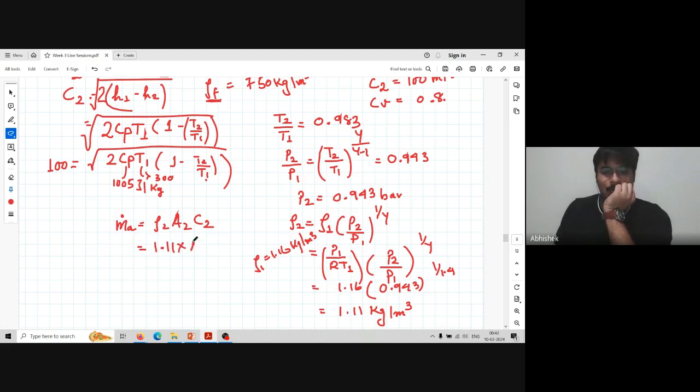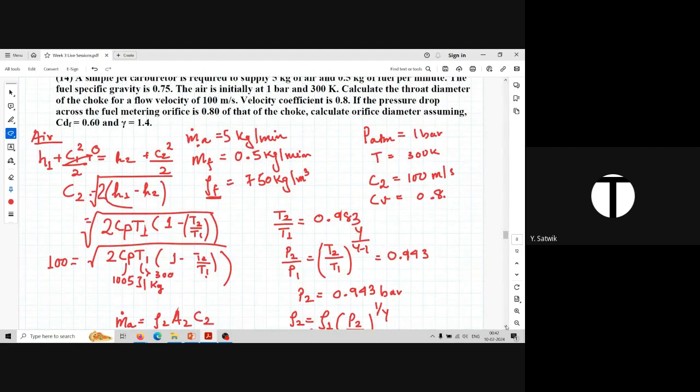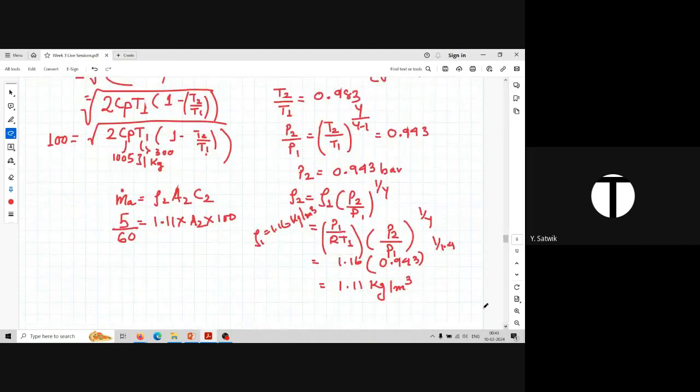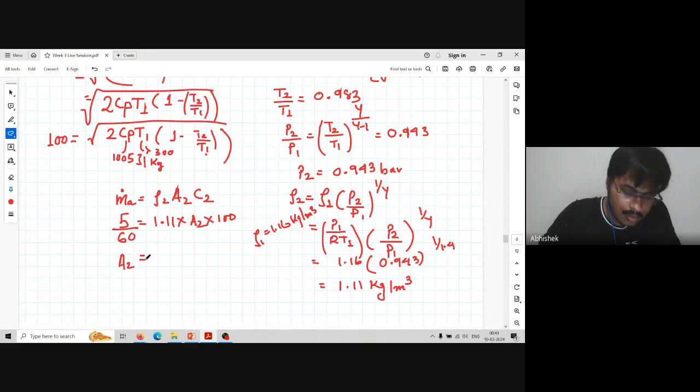A2 you don't know, C2 is 100. The mass flow is 5 kg per minute, so you have to convert into seconds. Are you following it? Yes, sir. So calculate A2: 5 by 60 divided by 1.11 divided by 100.